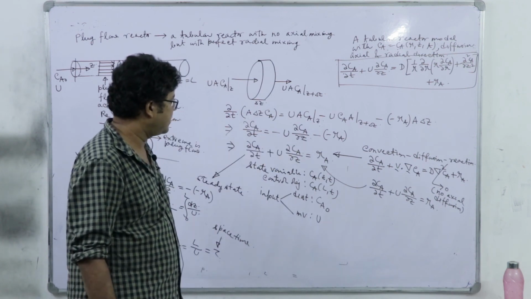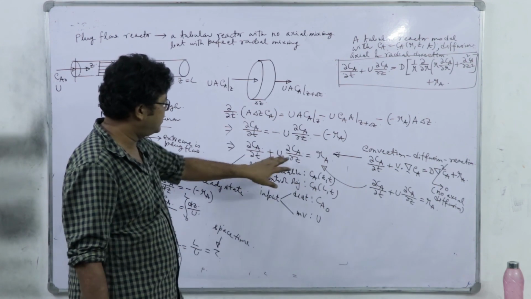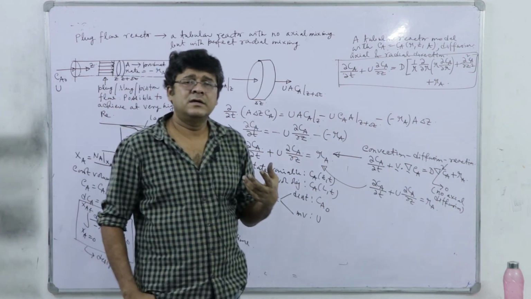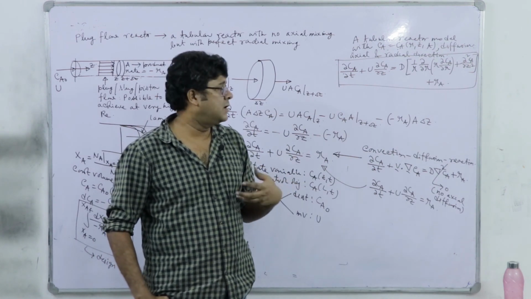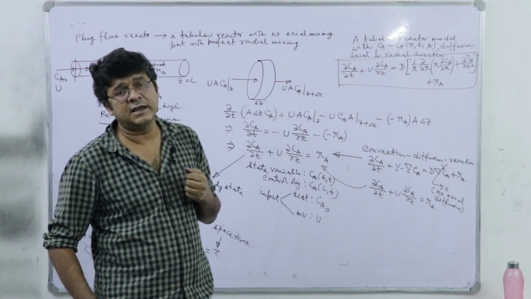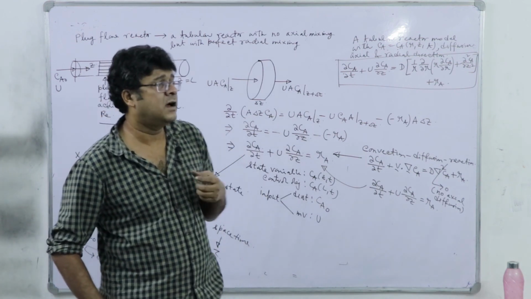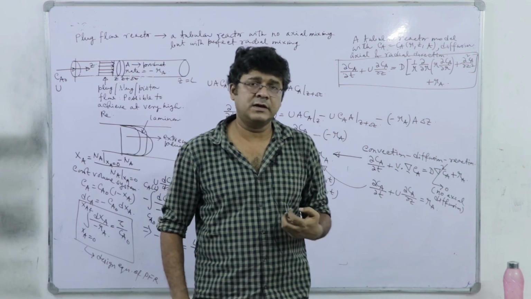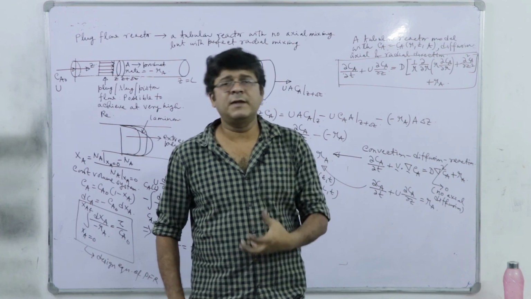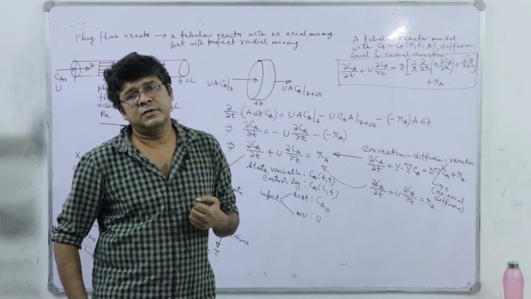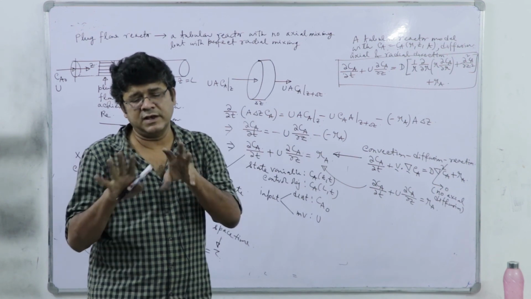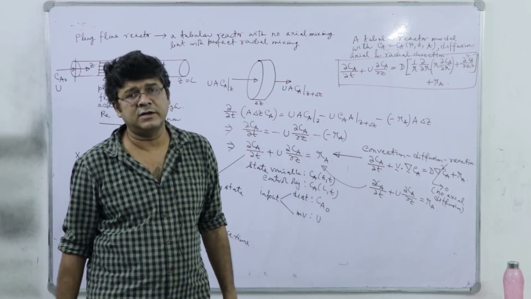Think of the stirred tank heater: in the temperature equation we have a term V dT/dt, where V is the volume, a dependent variable, multiplied by dT/dt, another derivative of a dependent variable. So they are in product form, and obviously it is a nonlinear term.